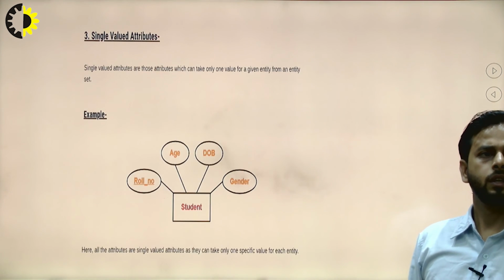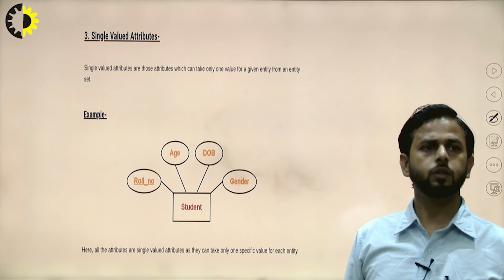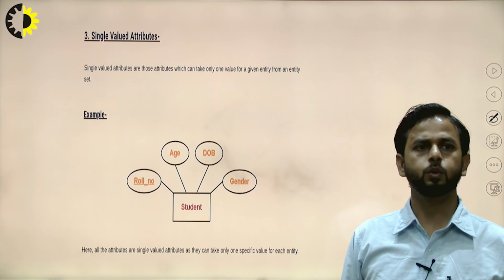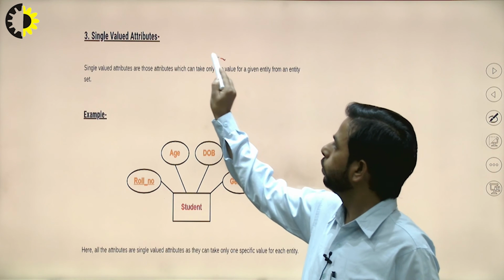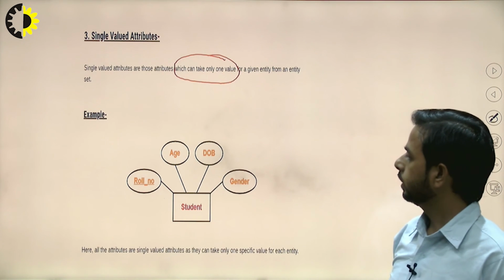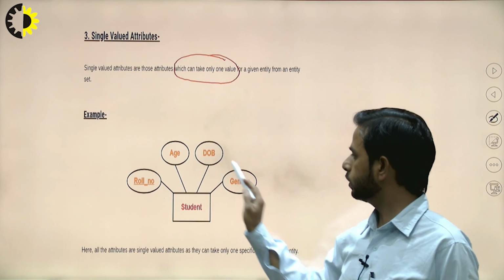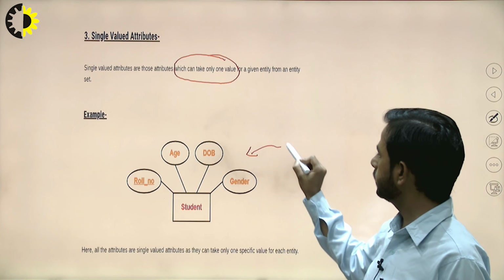Next, see the single valued attribute. Single valued attributes are those attributes which can take only one value for a given entity. So here roll number, age, DOB, gender take only one value.